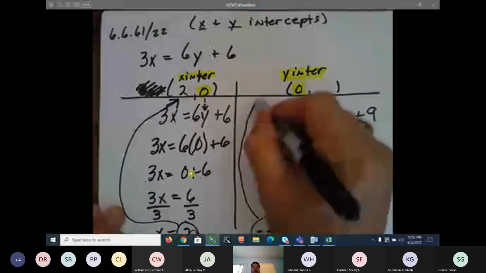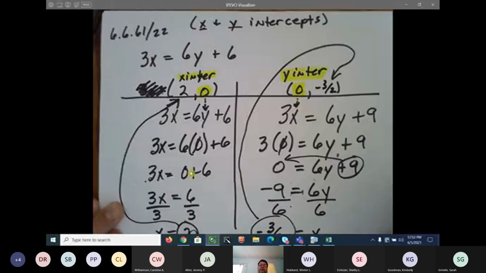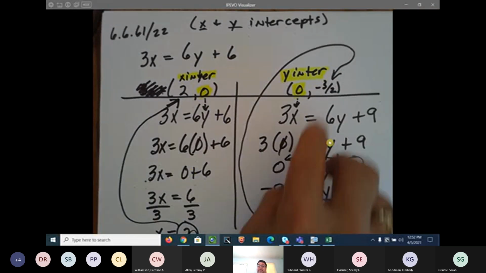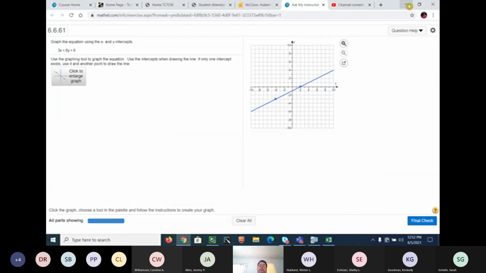This one's going to be hard to graph. I don't know if you're going to be able to graph it with that 3/2 unless they've got it divided or graduated up into halves. 3/2 is 1.5. So let's see what they have as far as graph.